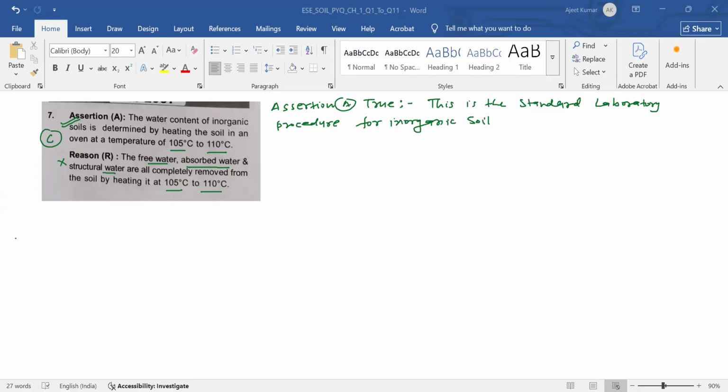So this is important for inorganic soil.